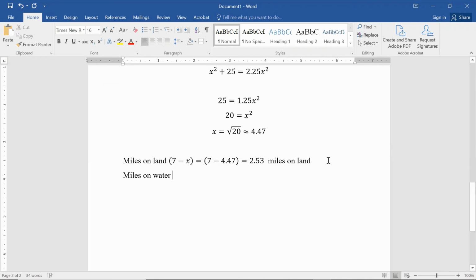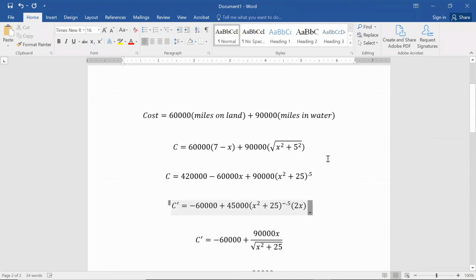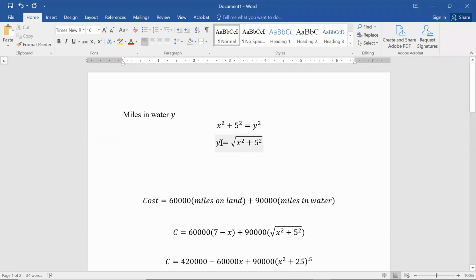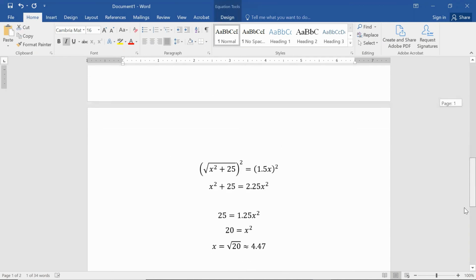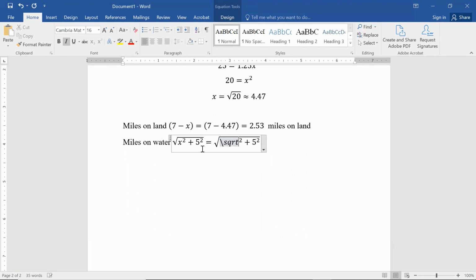Miles on the water, well, remember, miles on the water is given to you by this equation. All you would have to do is compute that. If we take square root of 20, well, let me replace the x with the square root of 20.